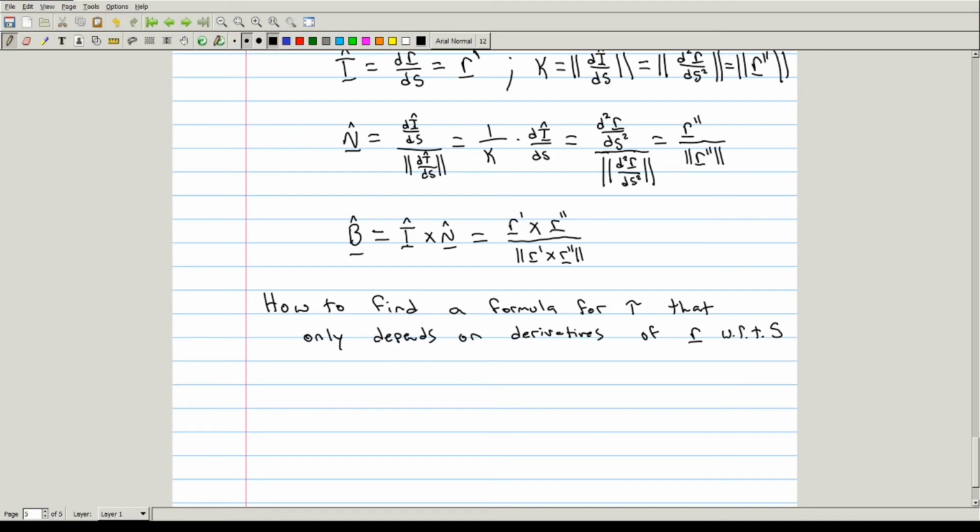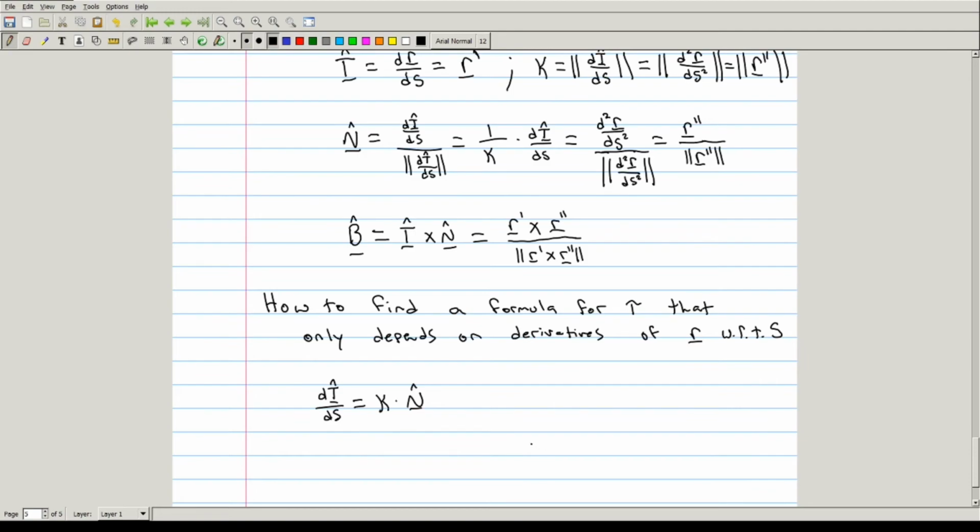this normal vector, and specifically the S derivative of the unit tangent vector is equal to the curvature times this unit normal vector.